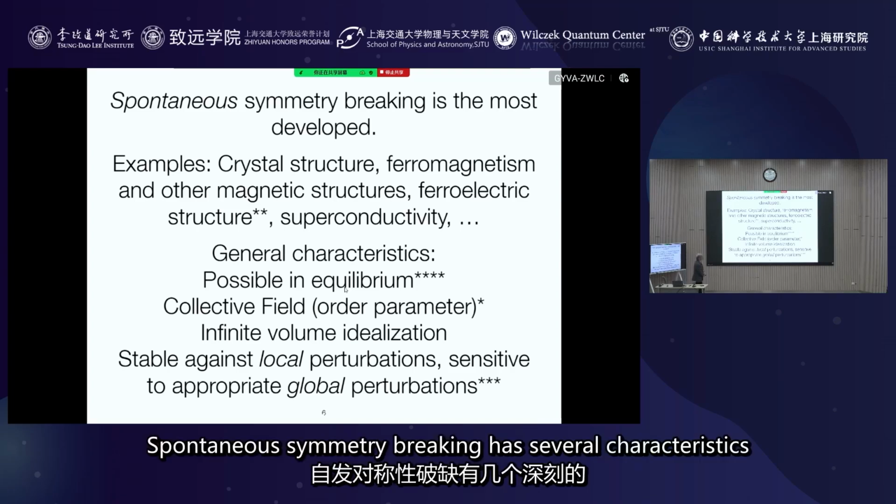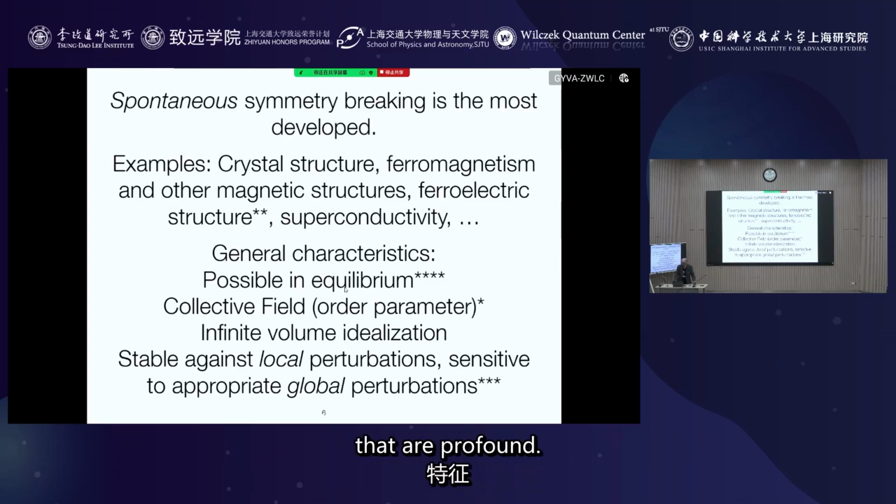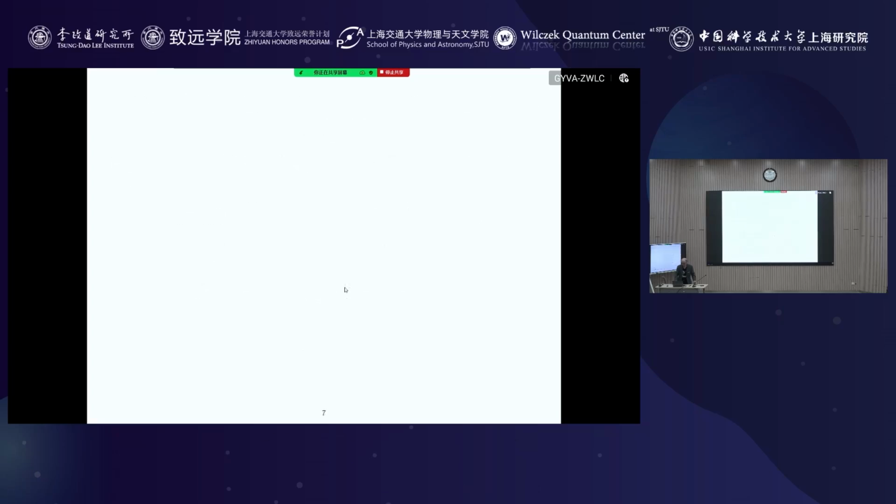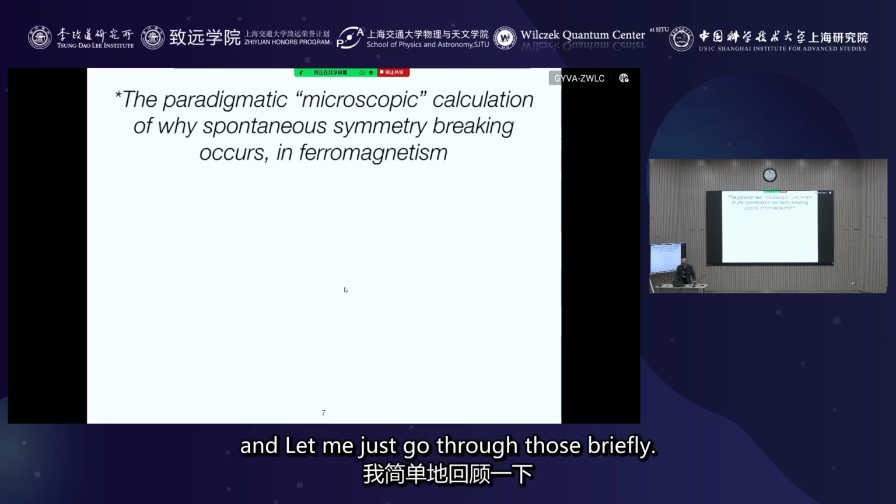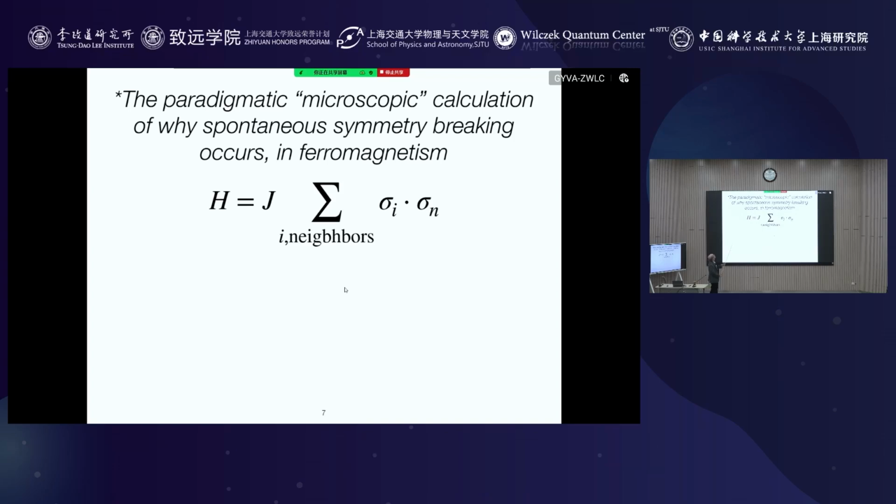Spontaneous symmetry breaking has several characteristics that are profound. And let me just go through those briefly.